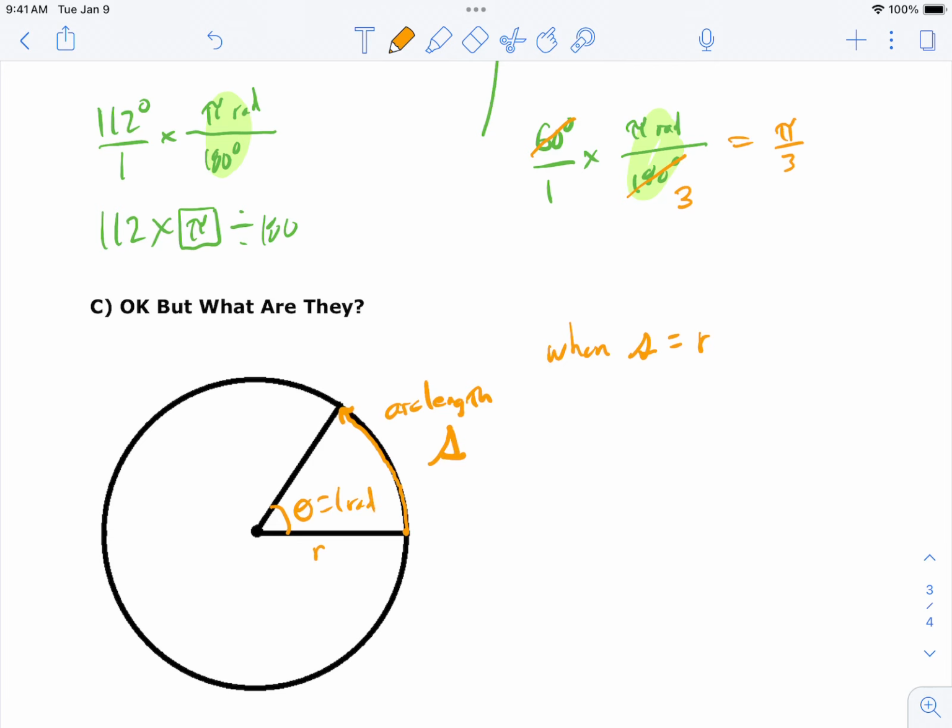So when S equals R, you've gone 1 radian. Obviously, if you've gone twice as far, that would be 2 radians. And so theta is basically the ratio of your arc length to your radius, because if you walk 2 radiuses, then guess what? 2r over r is 2. You've walked 2 radians.